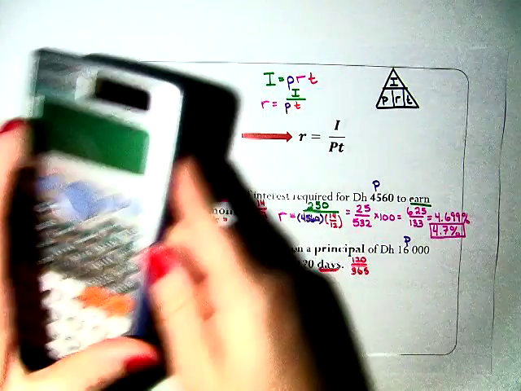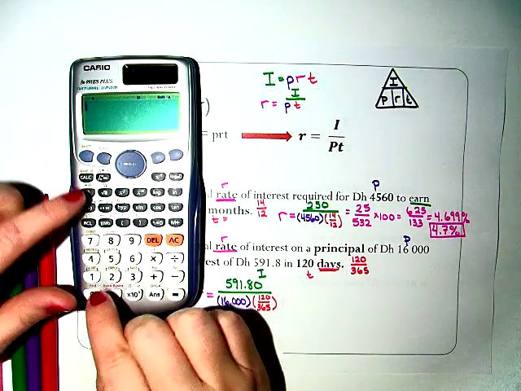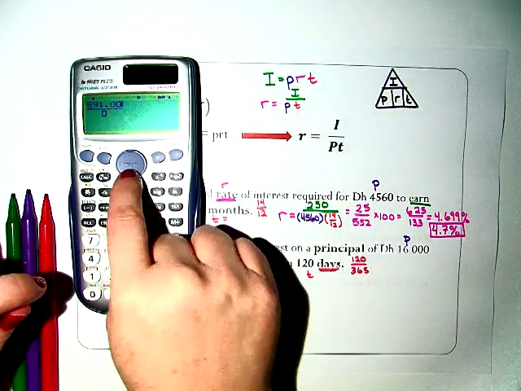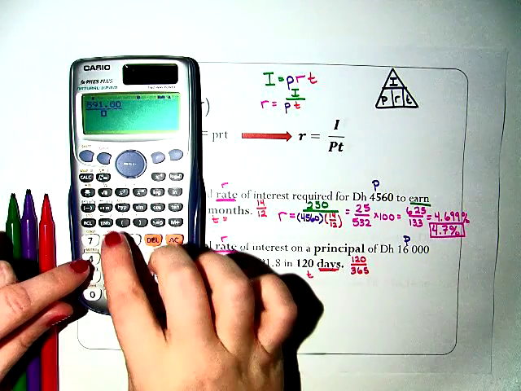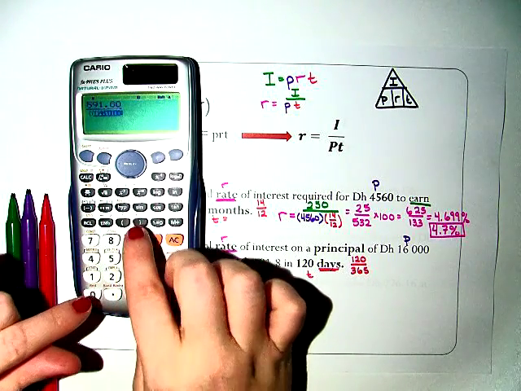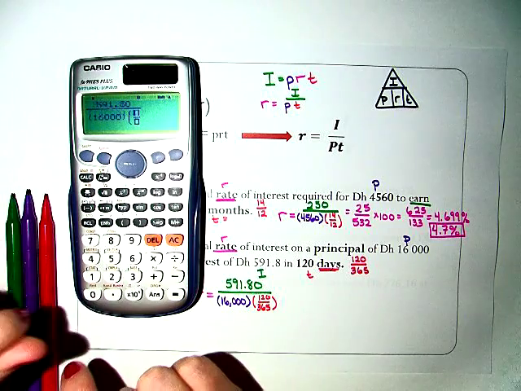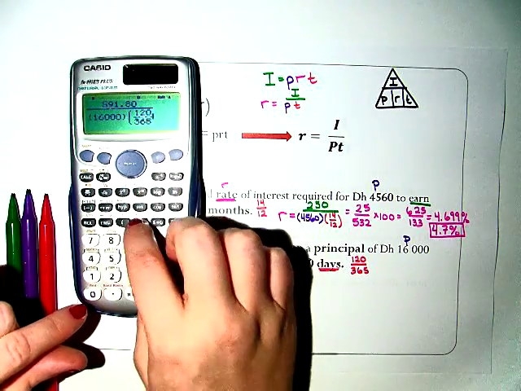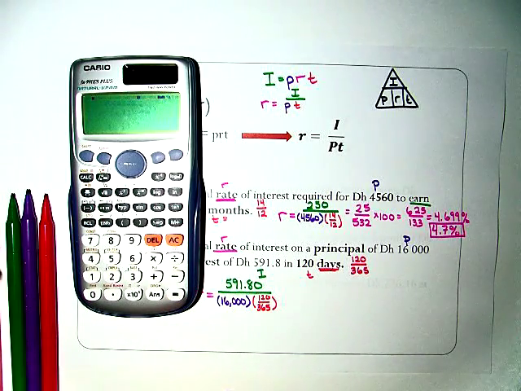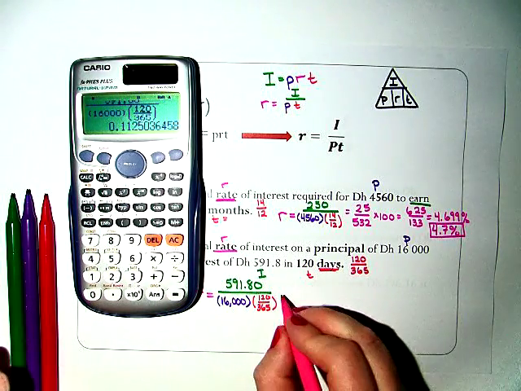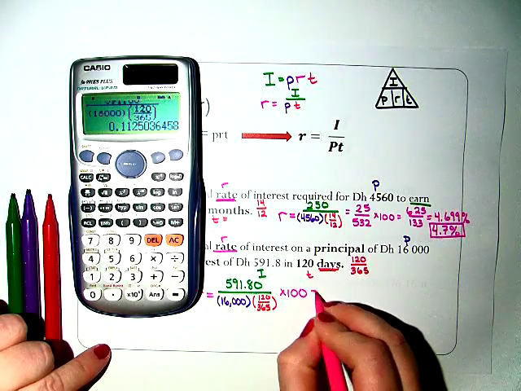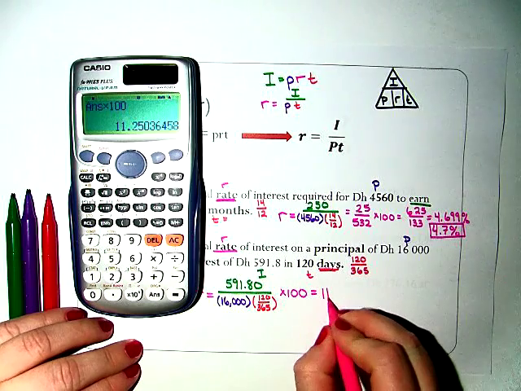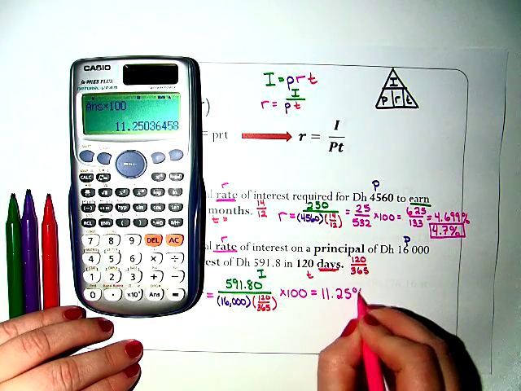So we'll get out the calculator and we put it in 591.80 over 16,000 times another fraction, 120 over 365. Now we have to multiply this by 100, and we get 11.25%.